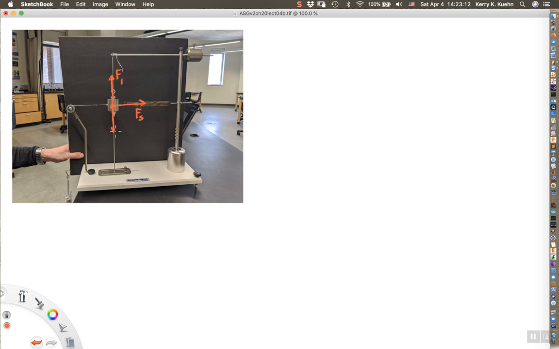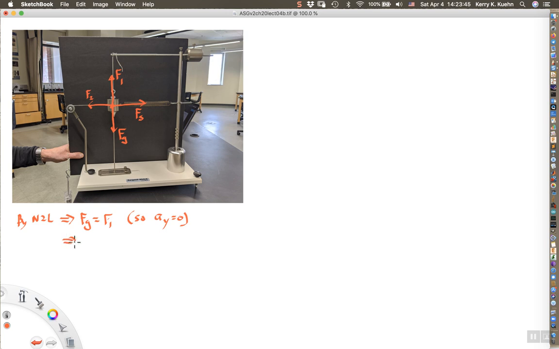We've got gravity pulling down on it, F sub G, and then we've got this F2, the force with which that string is pulling it to the left. And we deduced by Newton's second law that the force of gravity has to be equal to the force 1 so that the acceleration in the y direction can be 0.